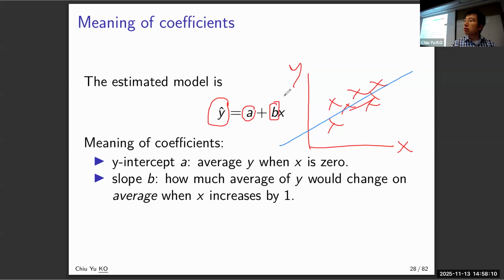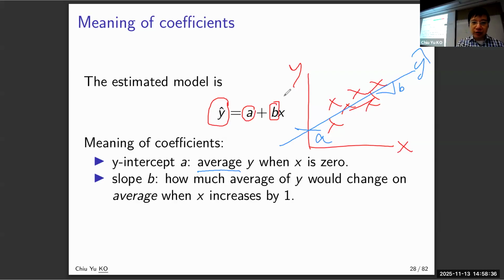This is Y hat, this is A, and the slope is B. The meaning is the same, but now the meaning of this model is average.